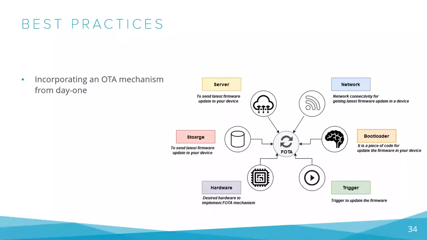First is incorporating an OTA mechanism from day one. Adding an OTA update routine to the firmware greatly improves the chance of introducing feature updates and bug fixes at a later time. This can be during production or even after the deployment of your device into the market.